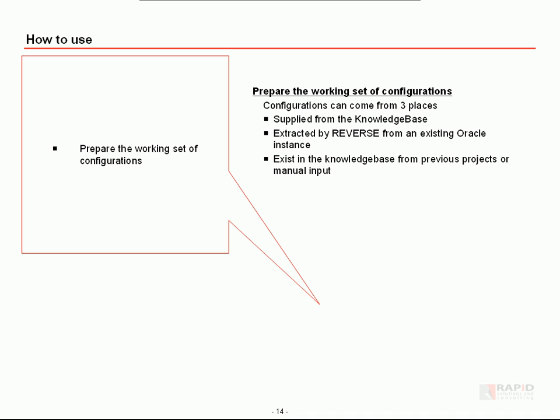They could have come from what was reversed from an existing Oracle instance. They could already be in the knowledge base from a previous project where you're simply going to modify them. Or you could input them manually. Either way, we need to obtain a set of configurations that are going to be used to configure Oracle.